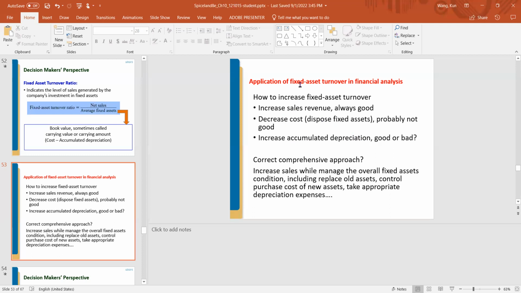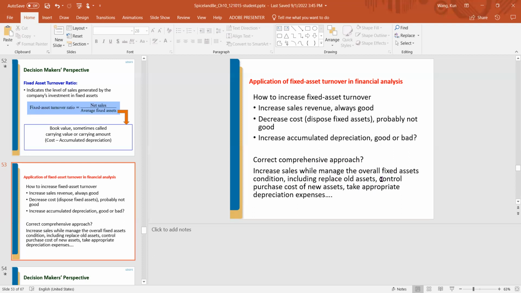So the way we improve or increase the fixed asset turnover should be a comprehensive approach rather than just a simple increase or decrease of something. We should try to maximize the sales revenue while managing the overall fixed asset condition, such as timely replacement of your old assets, rather than letting the assets deteriorate without proper replacement.